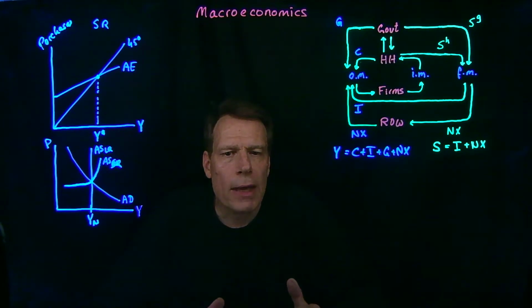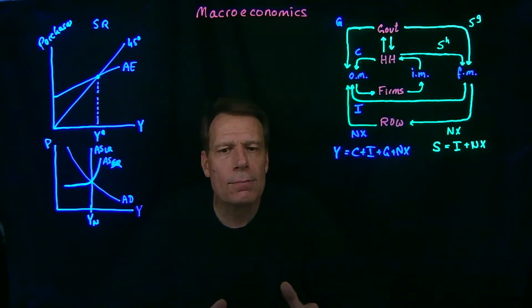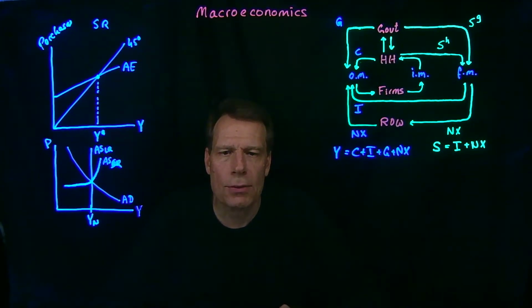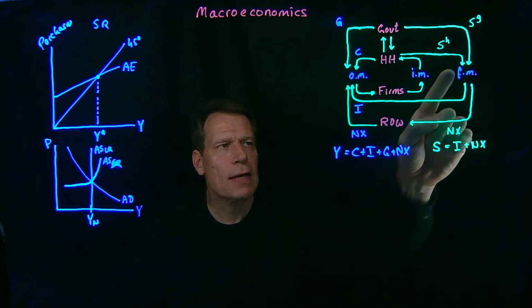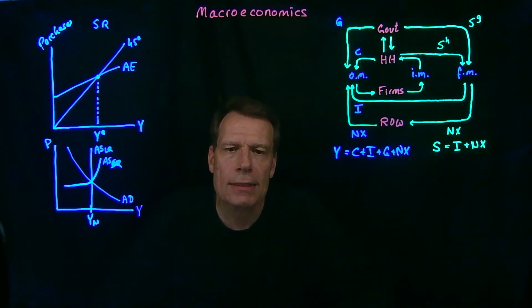Then, as we worked our way up to monetary policy, we talked about money, what money is, currency plus demand deposits, and how money is created through the banking system. And then we introduced the Federal Reserve, or the central bank, that influences financial markets through its actions, and through its influence on financial markets tries to have an impact on the whole economy, at least in the short run.